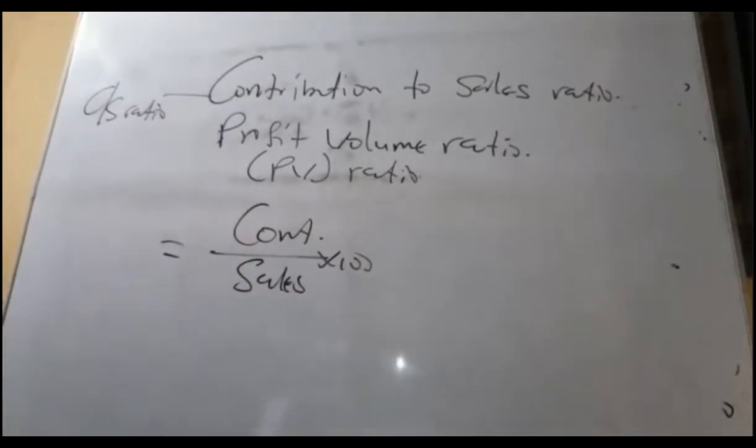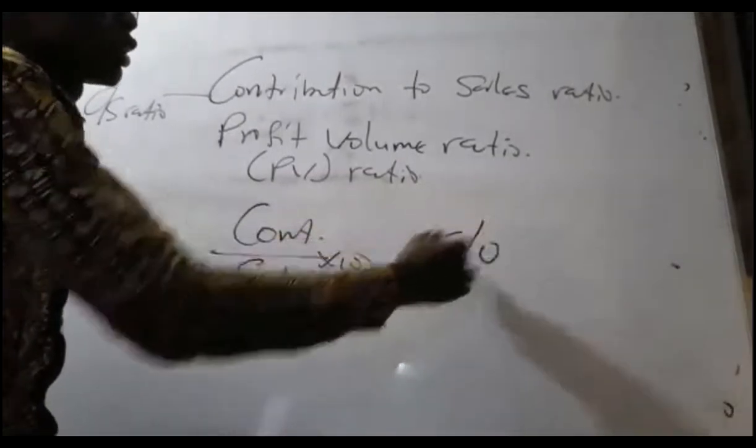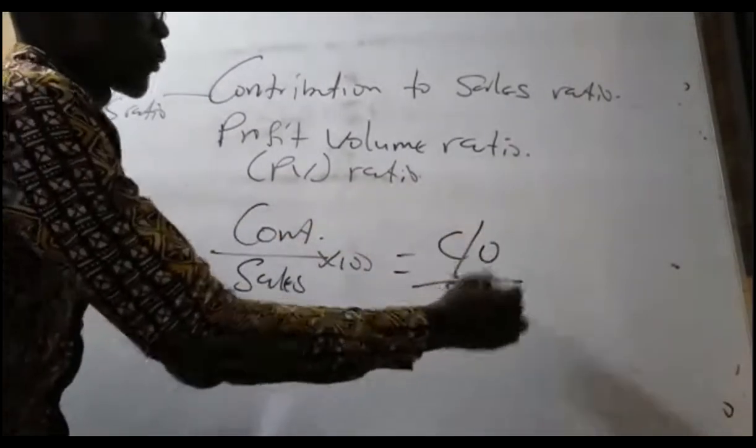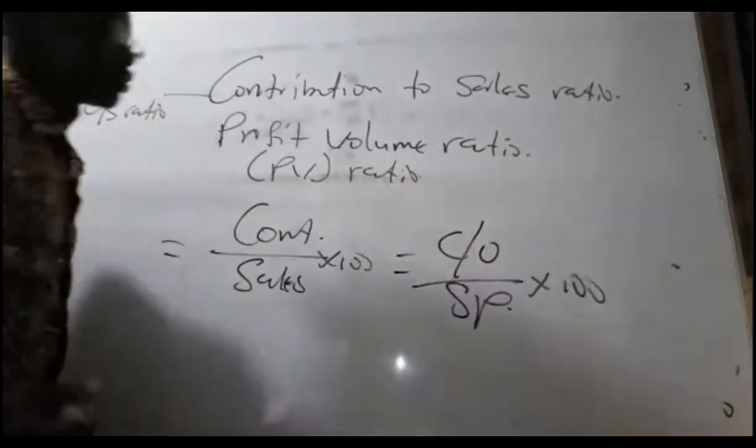Here you can make it contribution over sales, or it can also be contribution per unit over selling price times 100. Good.